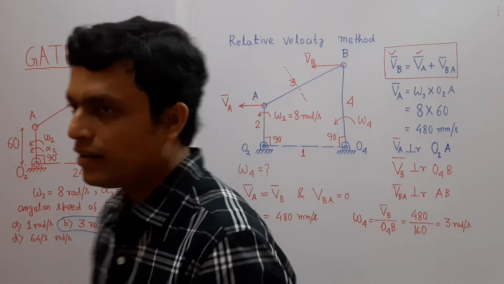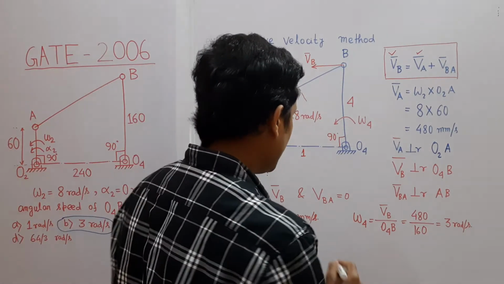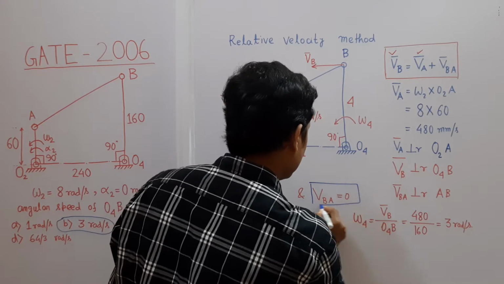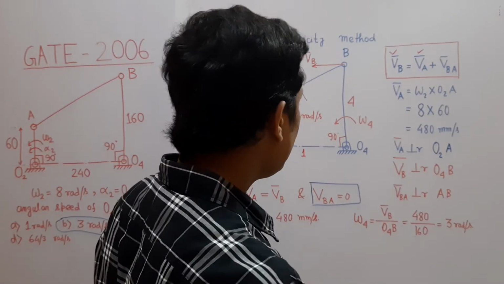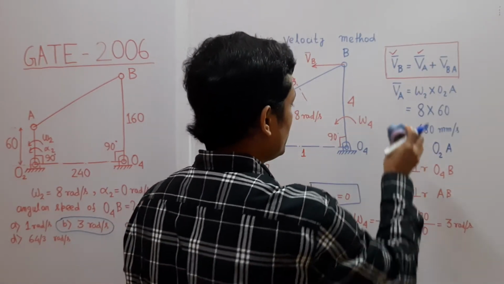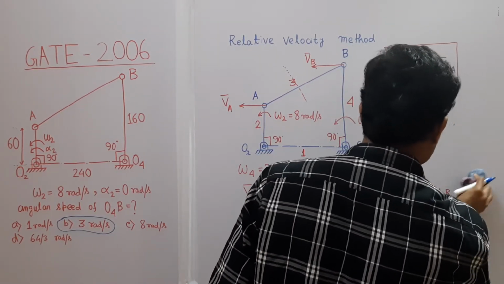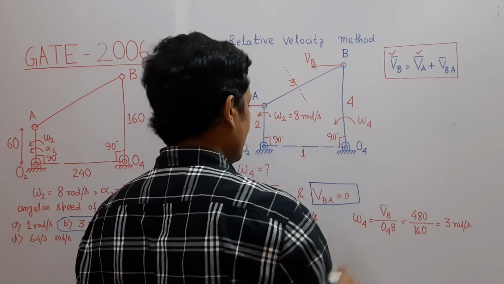Now what we got from this is another piece of information, that is Vba is 0. Let me erase this, as we have got the answer, that is 3 radian per second.